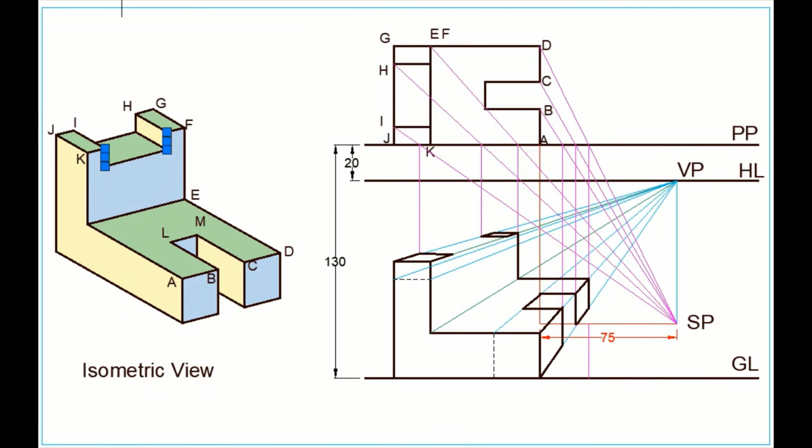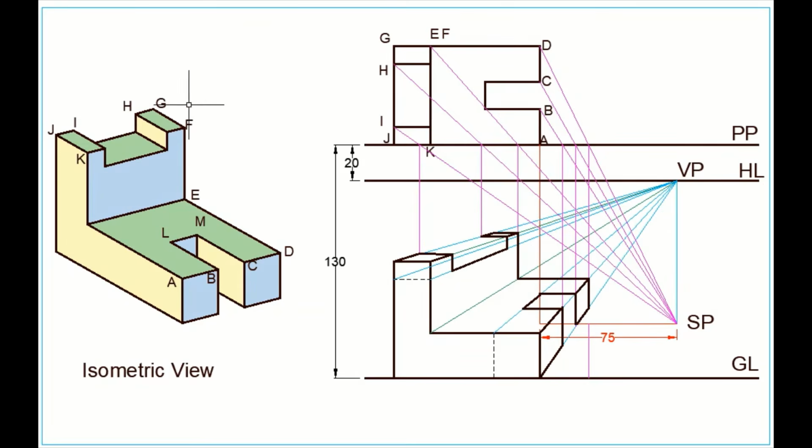So you can directly draw a line from here and then trim it like this. Then you draw another line from here, make a vertical line, and then trim it, and then connect these two points here.